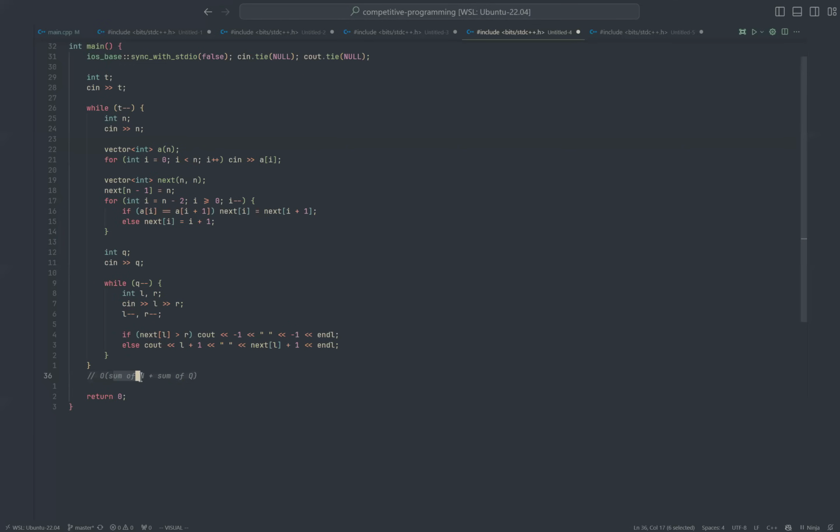So the solution has less than or equal to 1e6 iterations, or even less than that.